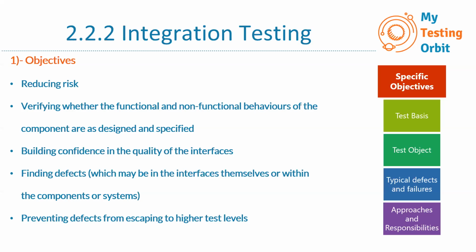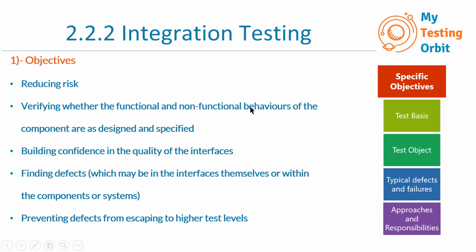Second one, verifying whether the functional and non-functional behaviors of the component are as designed and specified. Okay, so we had a similar objective in component testing. Actually, I have made a mistake over here.